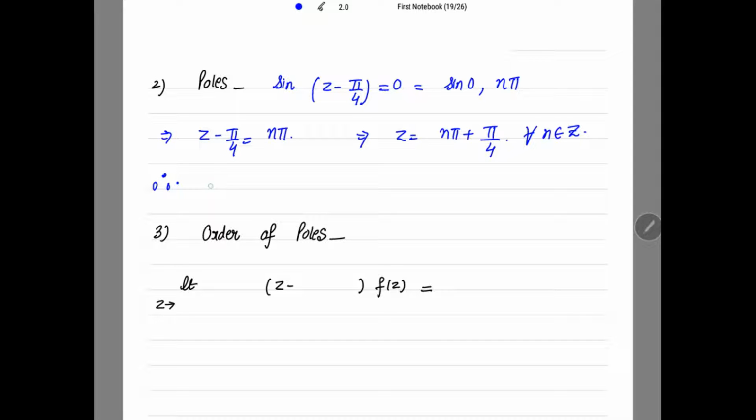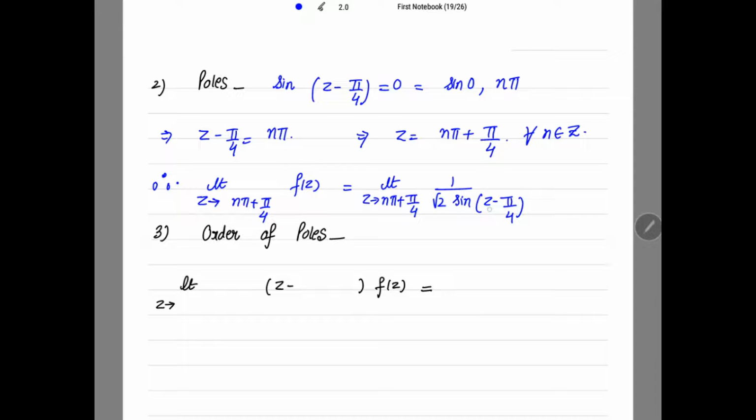Now, let's check the limit as z tends to n pi plus pi by 4 of f(z). What is my function? It is 1 over root 2 sine of z minus pi by 4.